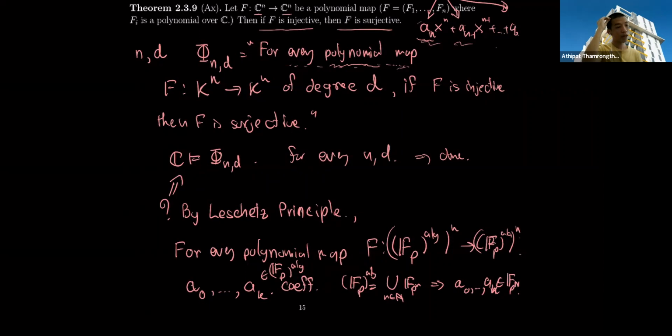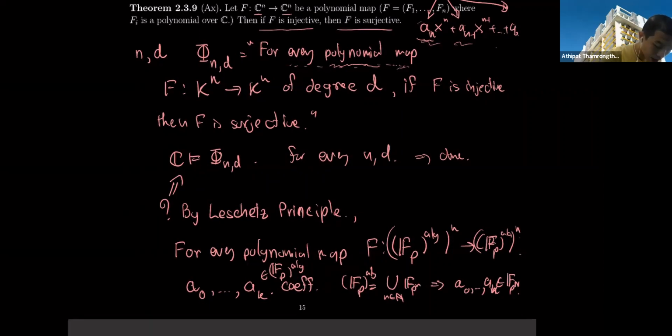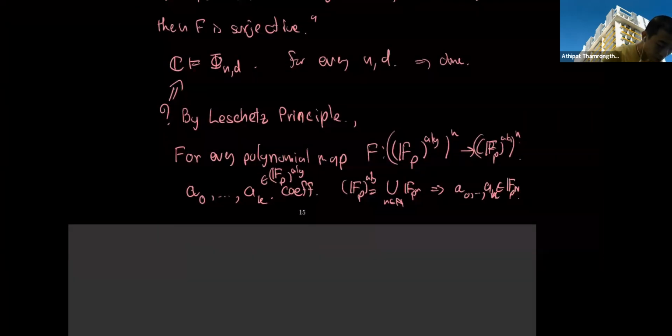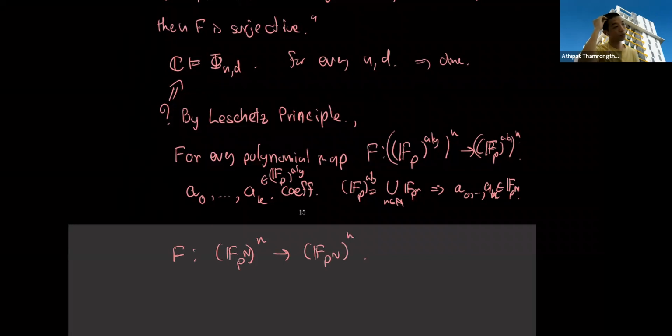So you can now reduce everything: you can regard this f, a map on the algebraic closure of F_p, as a map from F_{p^n} to the little n-th power to F_{p^n} to the little n-th power.